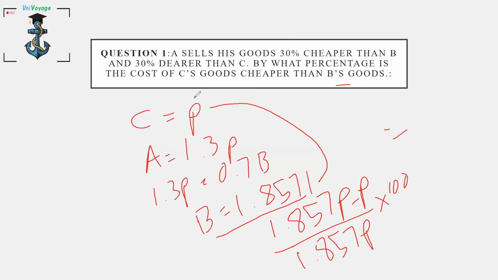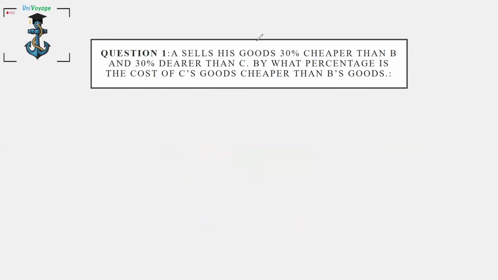This would result in 600 by 13, which is 46.15%. You can pause this and revisit the question if you still have any doubts.